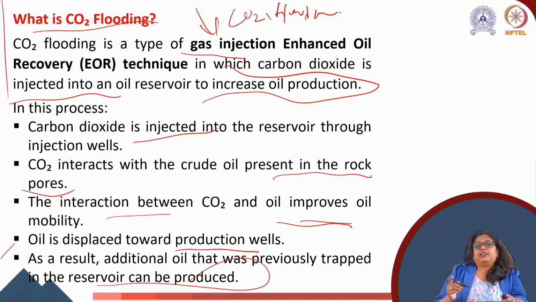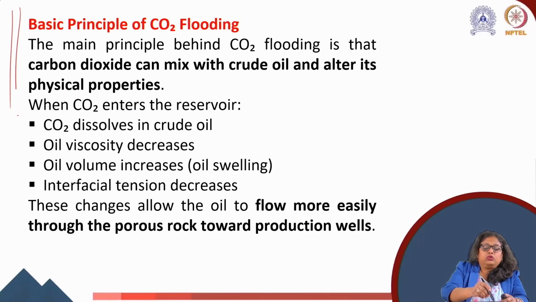Before that, there is interaction between the injected CO2 and the oil, and that interaction is improving the oil mobility. The basic principle tells us CO2 can mix with crude oil and alter its physical properties.